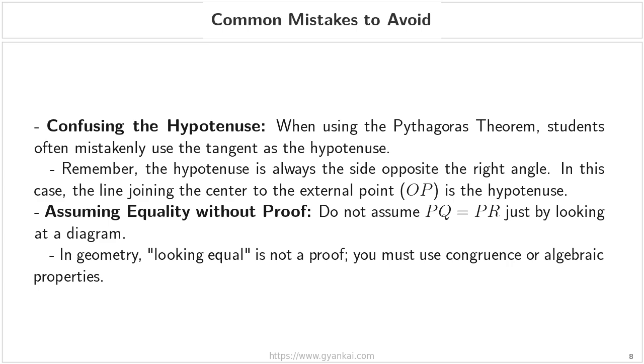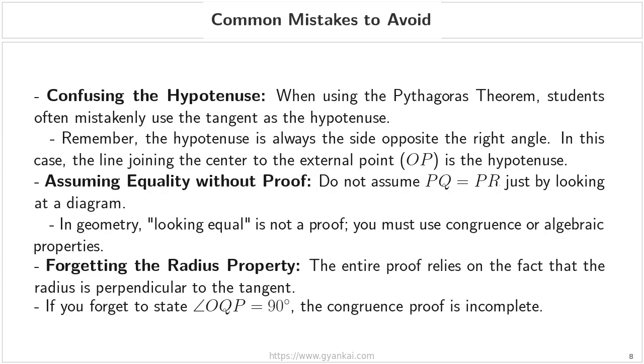Second, a word of caution regarding your geometric reasoning. Never assume that PQ equals PR simply because the lines look equal on your paper. In geometry, visual appearance is not a substitute for a logical argument. You must always explicitly state your reasoning, using either the congruence of triangles or the algebraic properties we've discussed to justify that equality.